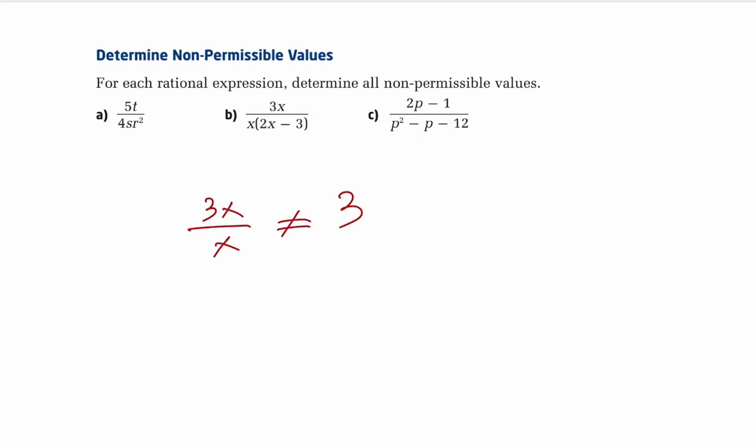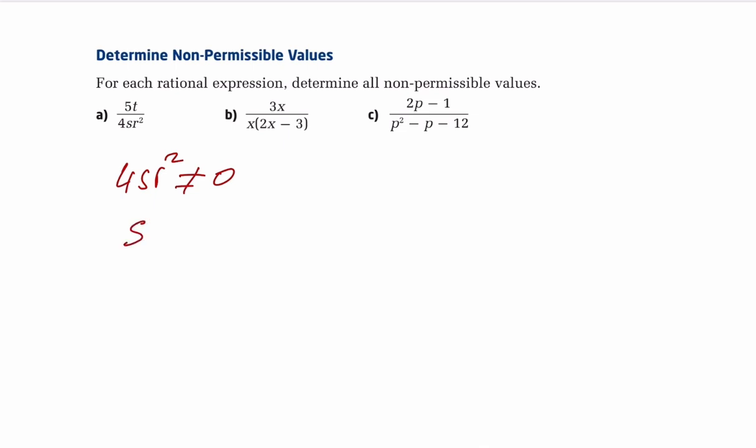So for the first question, this one, we need to know what the permissible values are. The denominator of my algebraic fraction, I am not allowed to have 0 there. So 4sr squared should be different than 0. And this means that 4 is different than 0, so I would just get rid of it.